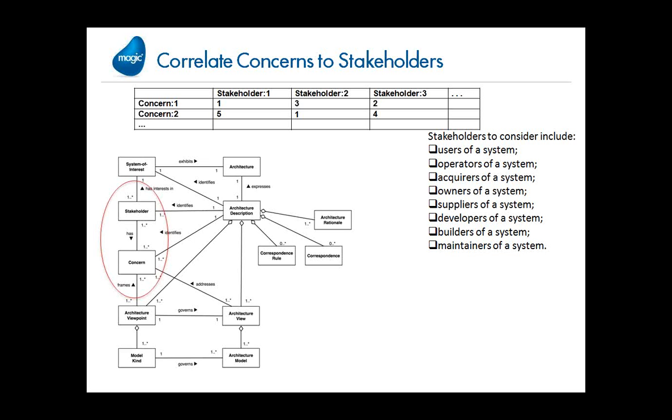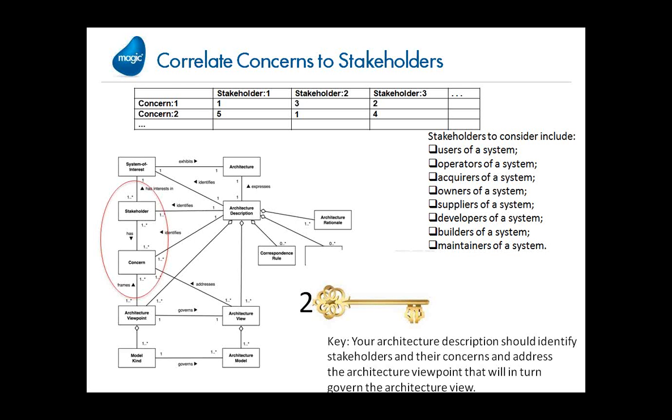And so correlating those concerns to stakeholders will really help you to come up with an architecture description which is more effective. It should identify those stakeholders, their concerns, and address the architecture viewpoint that will in turn govern the architectural view that you're using in your organization.